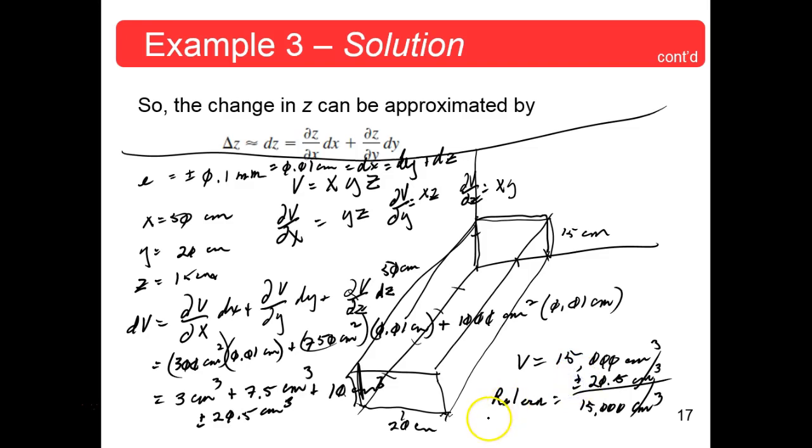That is plus or minus 0.0014, which, if you express it as a percent, would be plus or minus 0.14%, which is pretty small, okay? Yeah, 0.14%. I lost my place there.